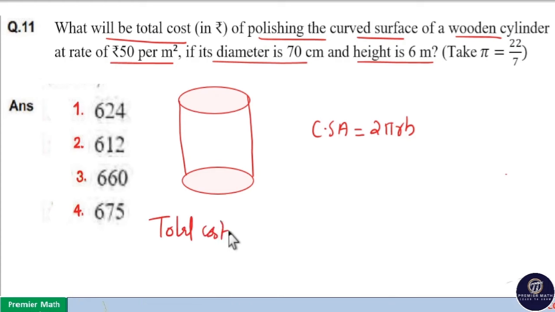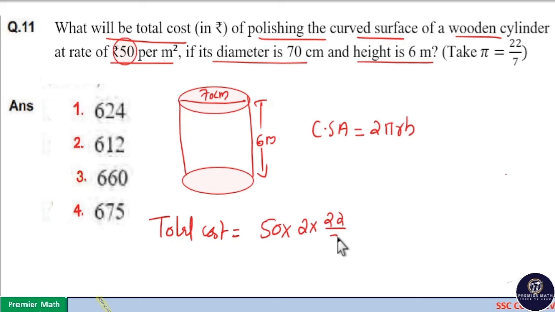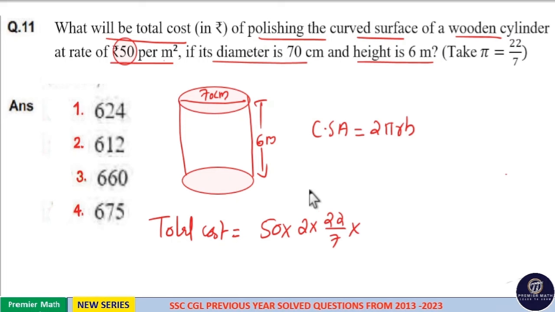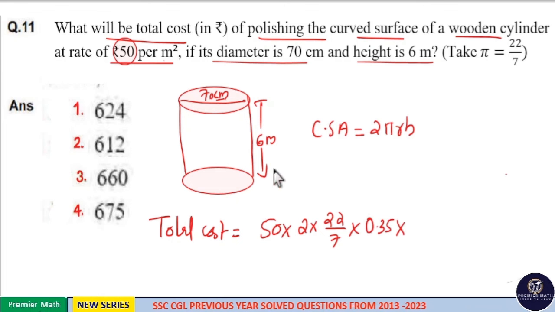Total cost is equal to rate is 50 rupees per meter square. So 50 into 2 pi r h. So here height is equal to 6 meter and diameter is equal to 70 centimeter. Now 2 into pi is 22 by 7 into r is equal to 70 by 2, that is 35 centimeter. This is centimeter. So 35 by 100 is equal to 0.35 meter. 0.35 meter into height is equal to 6 meter.